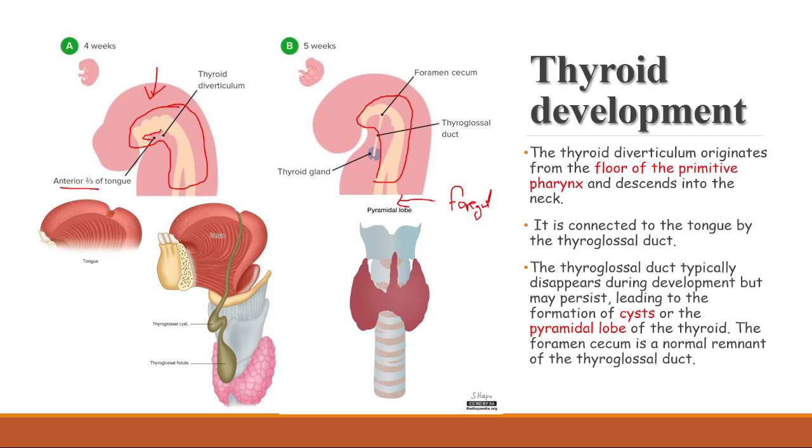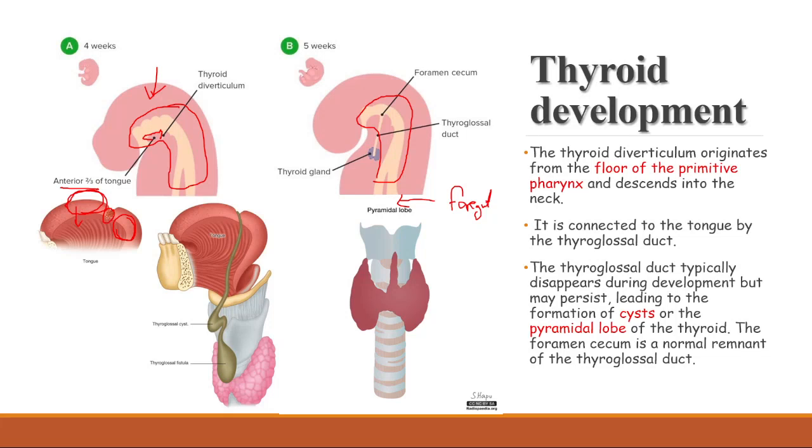And the tongue, by the way, also arises from the endoderm, from the inner cells in the primitive pharynx here, okay? So it arises in the endoderm right here. You have a swelling, right, which forms the anterior 2/3 of the tongue. And you have another swelling which forms the posterior 2/3 of the tongue. And in between, the thyroid actually develops.